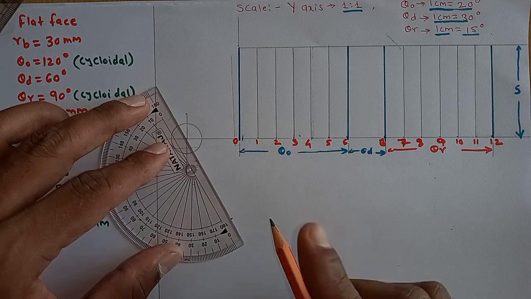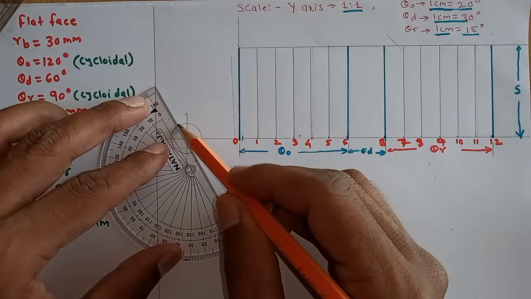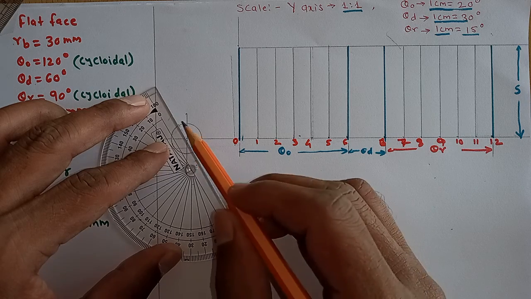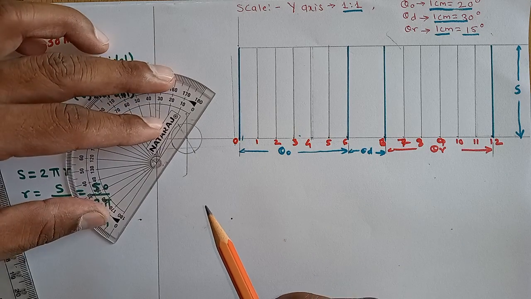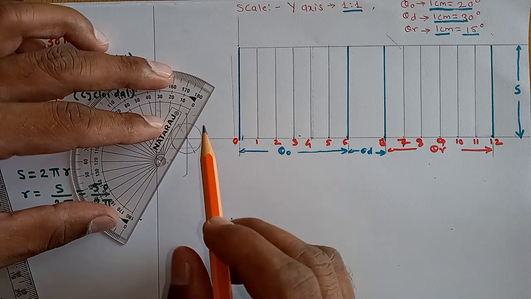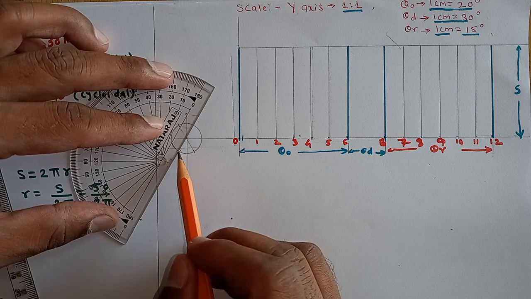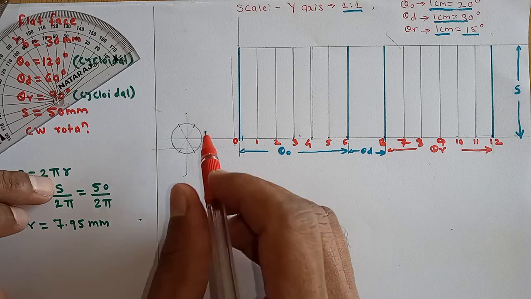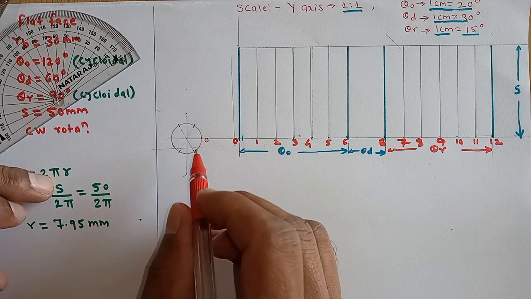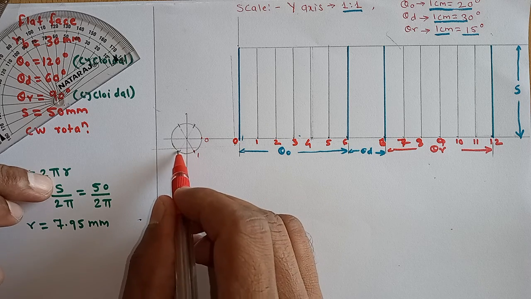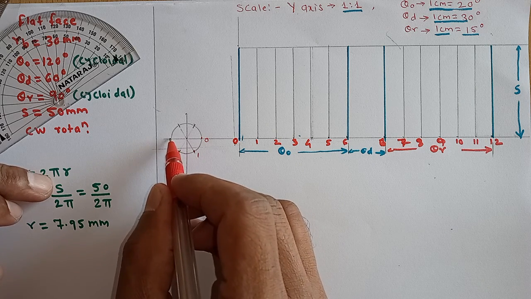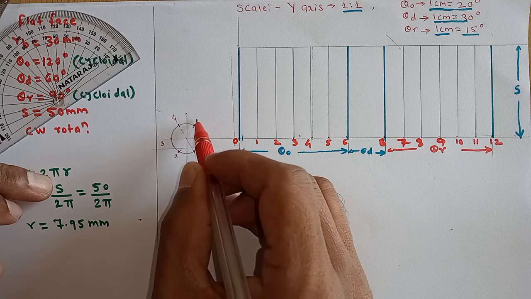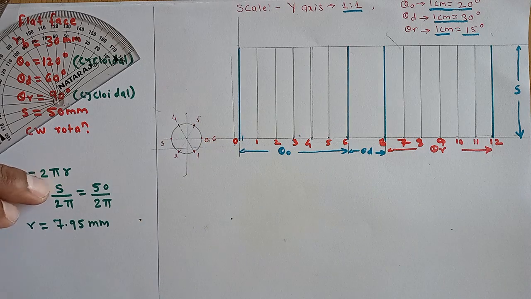Let us mark these divisions on the generating circle and number them. So this is 0, 1, 2, 3, 4, 5, and this is 6.